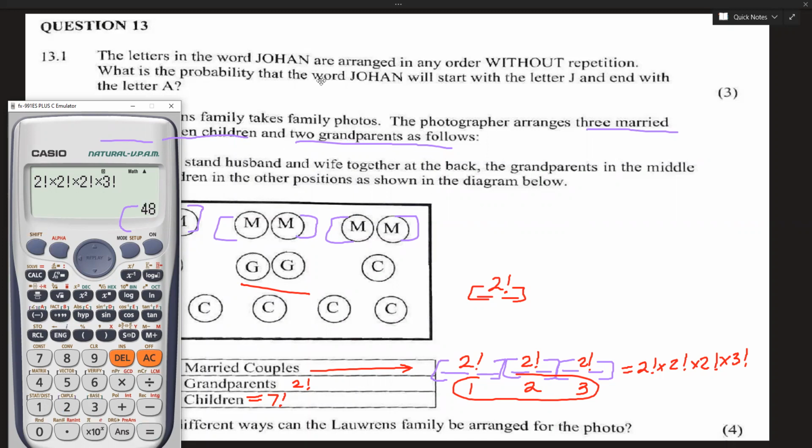So married couples gives me 48. Then factorial 2 is just 2 for the grandparents. And now let's do the last part. So we did this, we did that. Now we need to do factorial 7. Shift factorial gives me 5040.